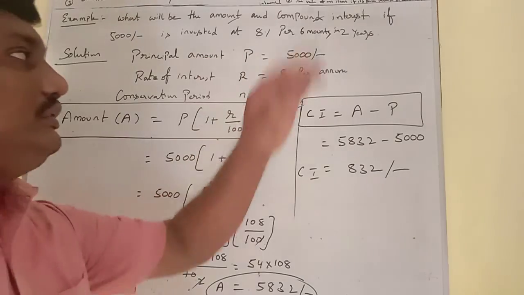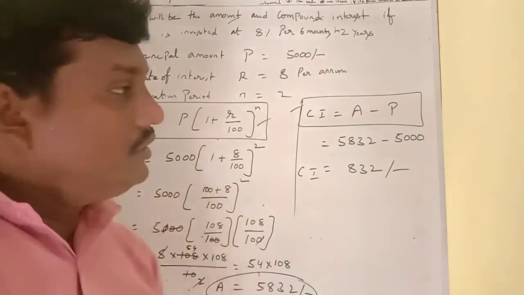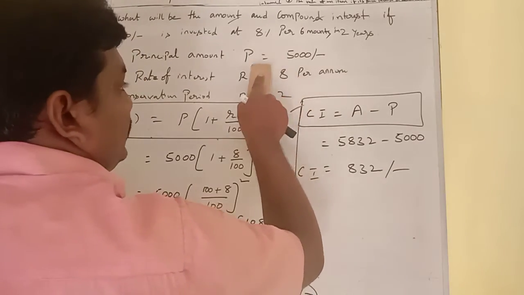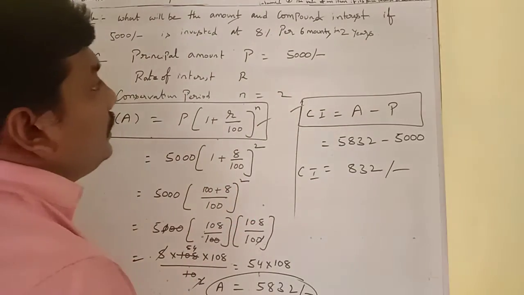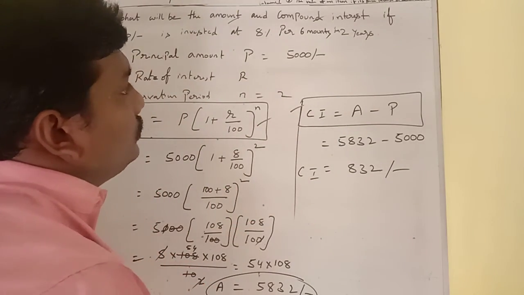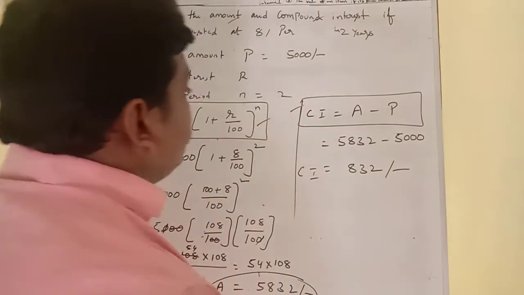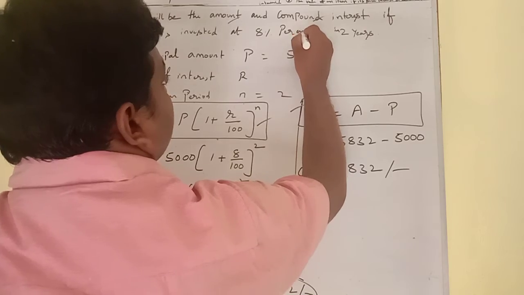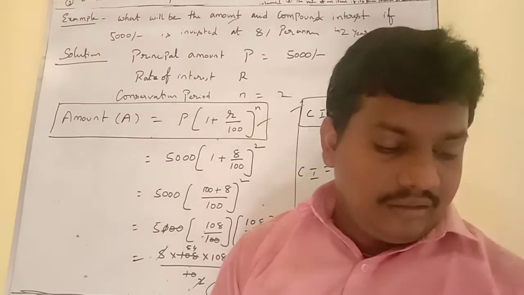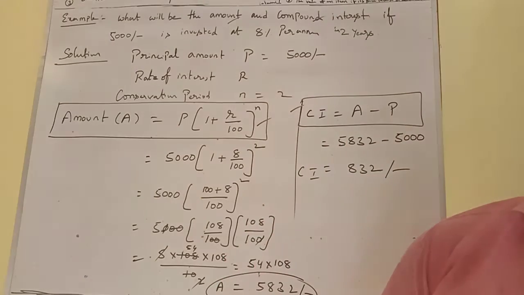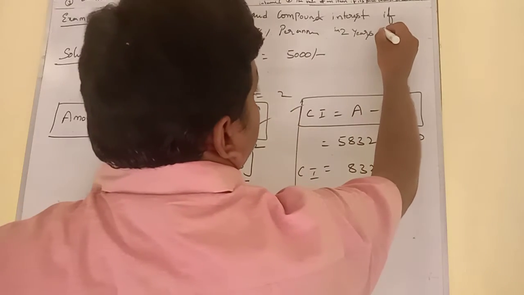The principal amount is 5000. The rate of interest is changed, because it is not per annum now. It is 8% per annum, but it is calculated half yearly, compounded half yearly in 2 years.